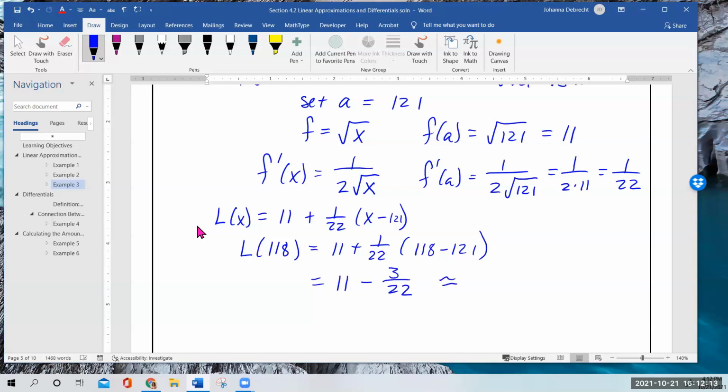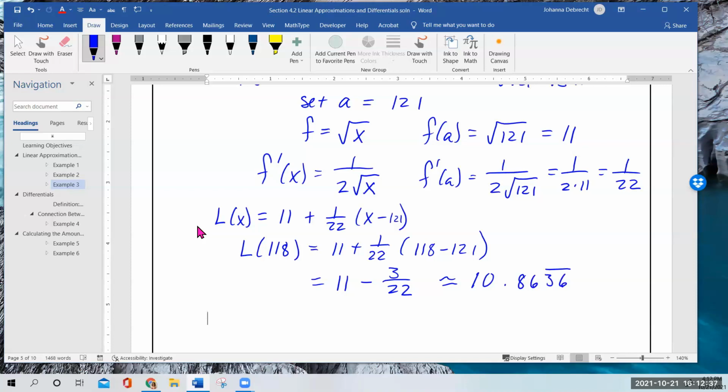If I work this out on a calculator or I do it by hand, I can find that the value of 11 minus 3 divided by 22 is equal to 10 and 19/22, which is about 10.8636, and then it repeats from there.